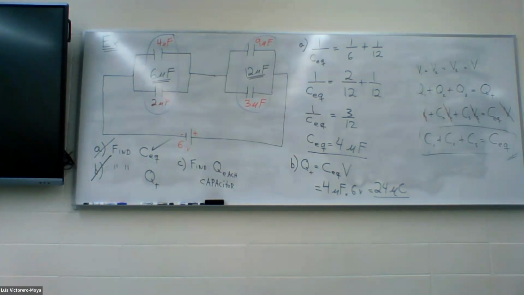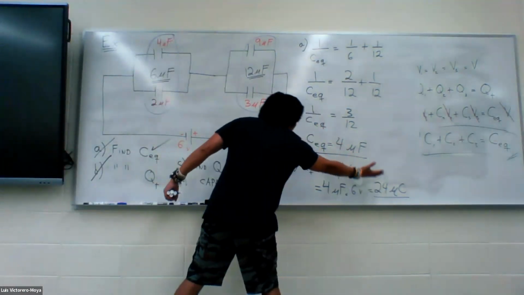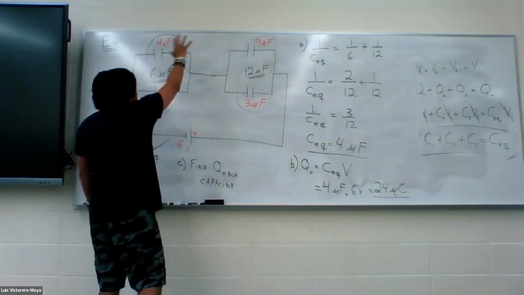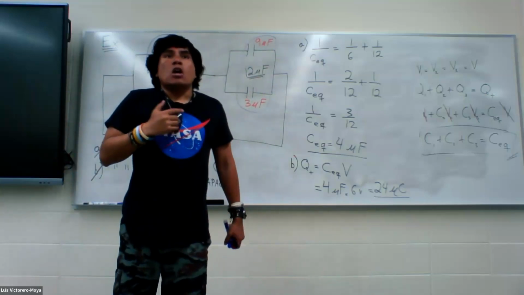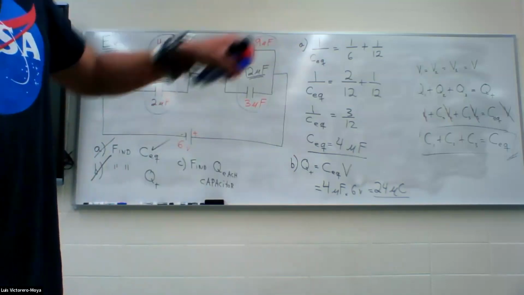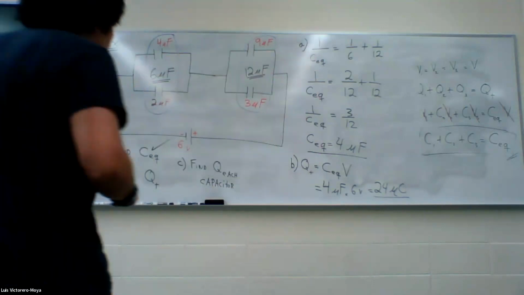What you need to be careful though is how you find the charge on each capacitor. You basically have to go back, bring this back here, and split the charge, which you know in parallel is not constant. But let's go backwards though. All right.